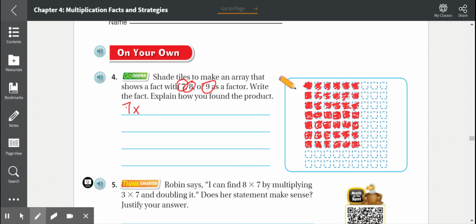If you need to press pause, go ahead. So this is showing 7 times 6.